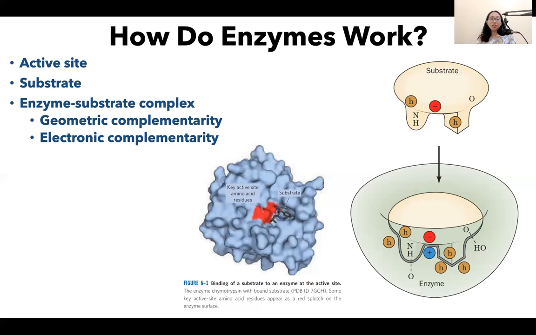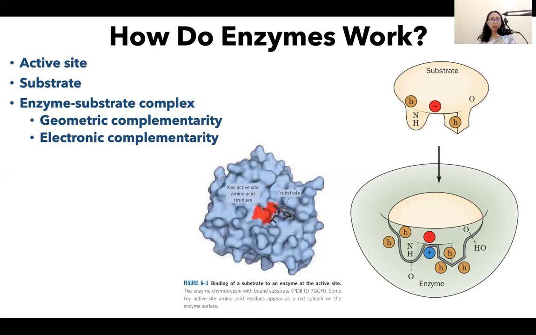Now, some additional comments on the interaction of your substrate and your enzyme. The interaction must not be too strong because if the substrate is bound tightly to your active site, then chances are, yes, the reaction will take place, but the product might not leave the active site at all because of the strong interactions.